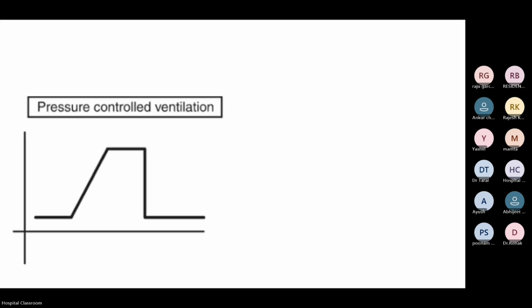So this is the breath which is delivered in conventional ventilation. At the base, when the breath starts, it starts with the positive end expiratory pressure.